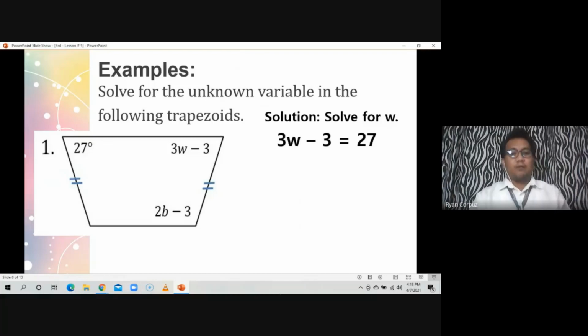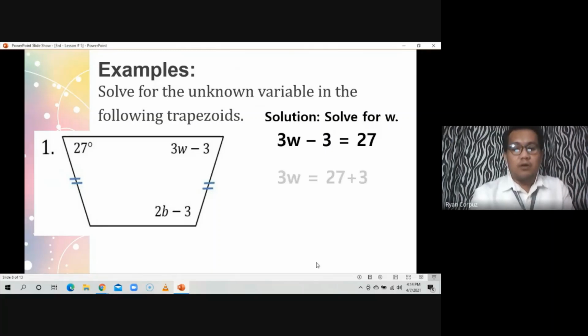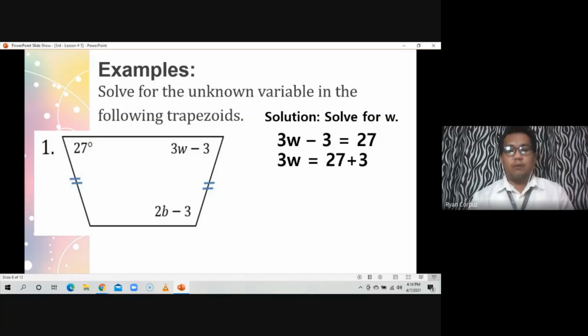So we come up with 3W minus 3 is equal to 27, again using the property that base angles are congruent. Isolating that equation to solve for W, move lang yung negative 3 to the right side of the equation. So we'll come up with 3W is equal to 27 plus 3. Simplify, we have 3W which is equal to 30.